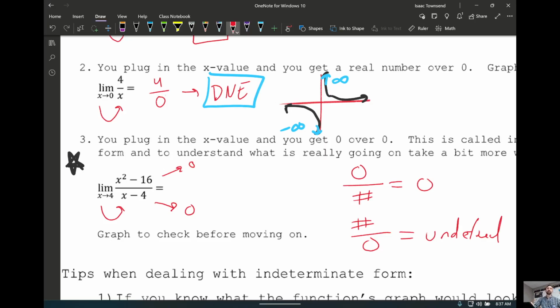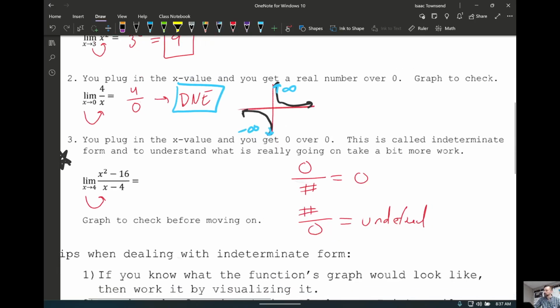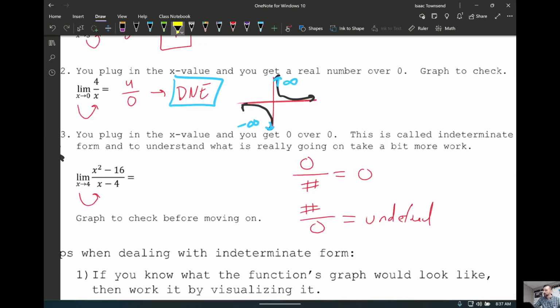It depends on how fast the numerator is going to 0 and how fast the denominator is going to 0. So this is what we call indeterminate form. 0 over 0 is called indeterminate form. That's the problem we're going to work on for the next few classes in just different ways.